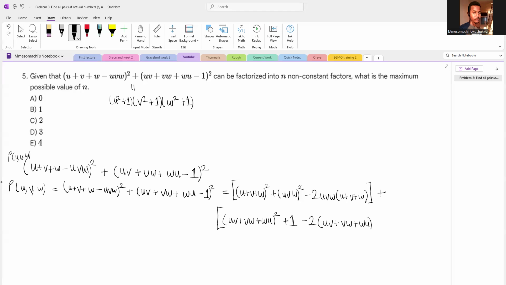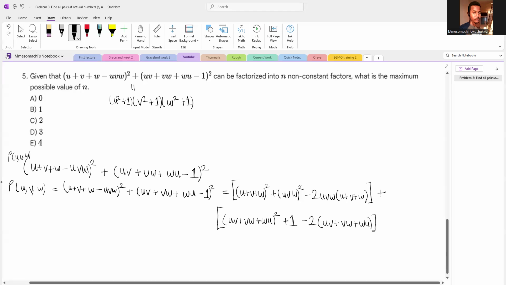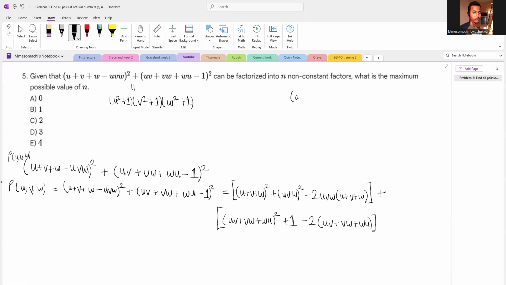Here I'm just using the idea of expanding a binomial expression: if you have (a + b)², this is equal to a² + b² + 2ab. That's the idea I've applied so far.